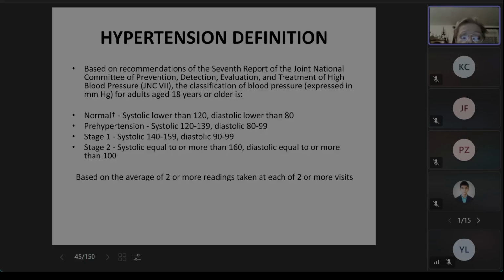Well, here are the normal values of the blood pressure and pre-hypertensive values, stage 1 and stage 2 of hypertension. So this is the definition of hypertension, to remind you of the definition.